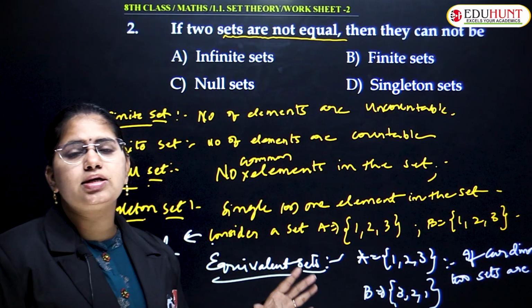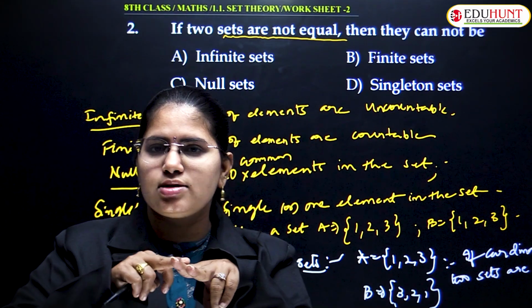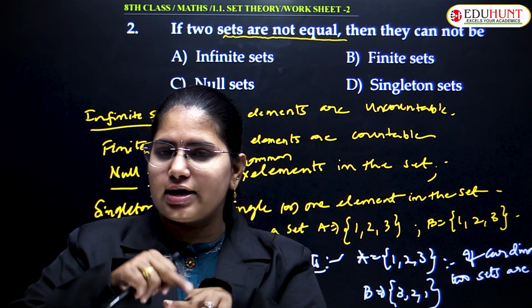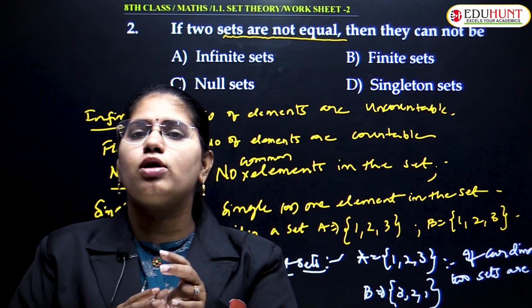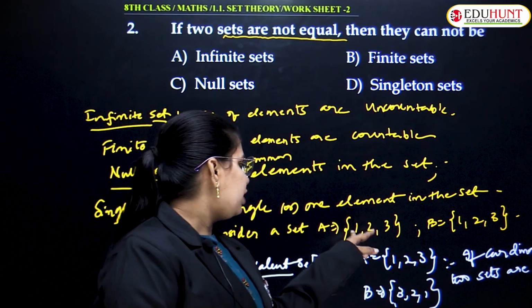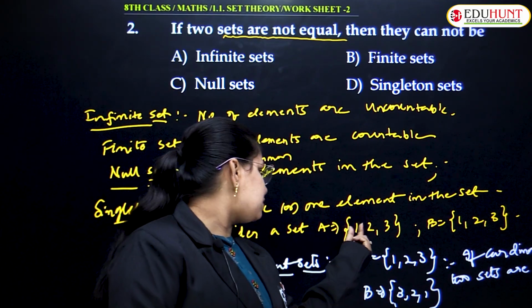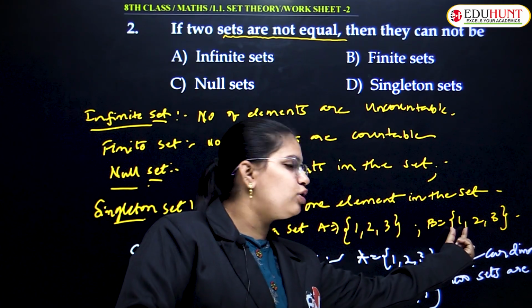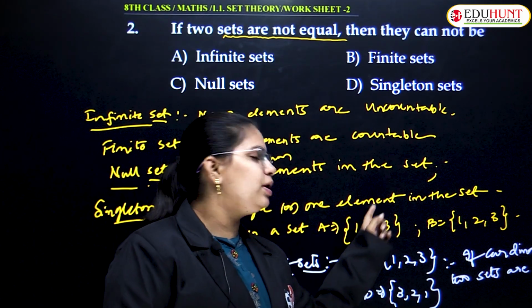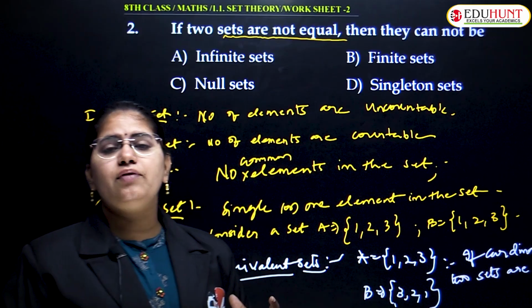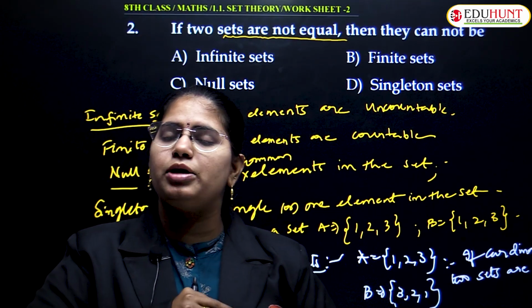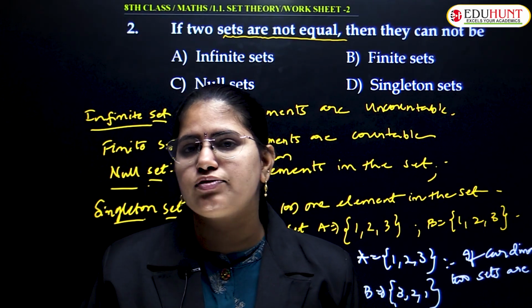In the case of equal sets, consider any two sets, the first set and second set, and the arrangement of the two sets. If you arrange the two sets, the first element in the first set and the first element of the second set must be equal. Similarly, second and third. If you have a number of elements, they should be exactly equal to the same values of the second set.